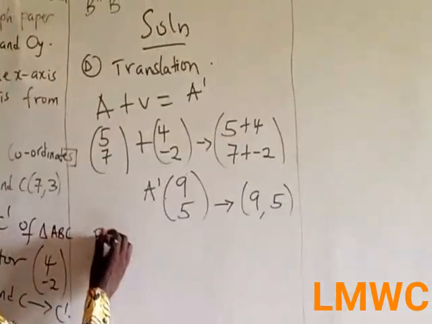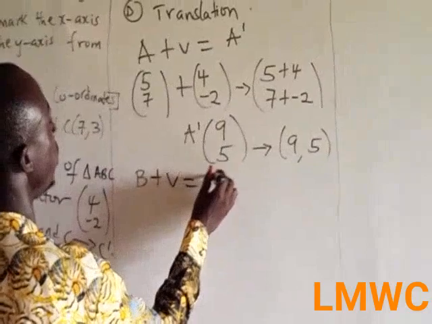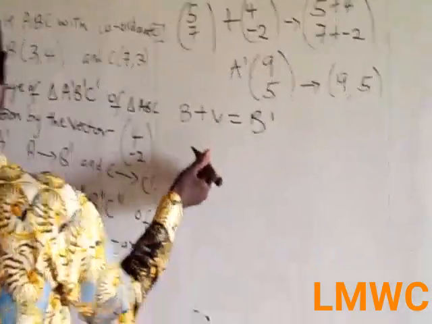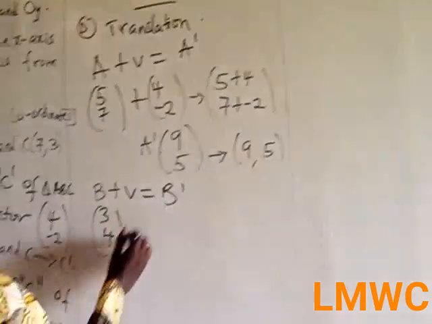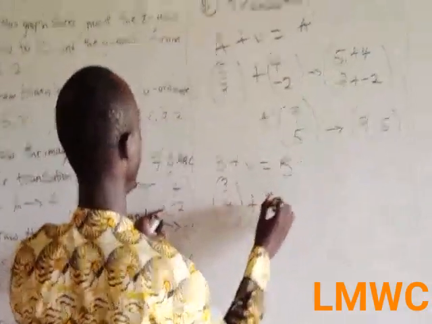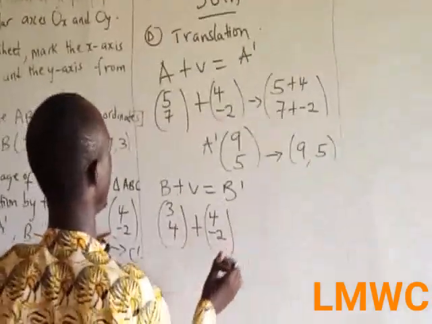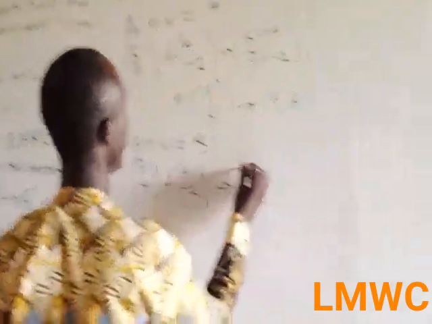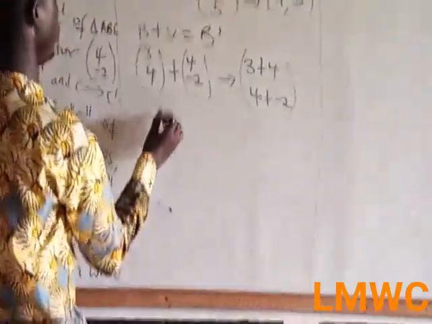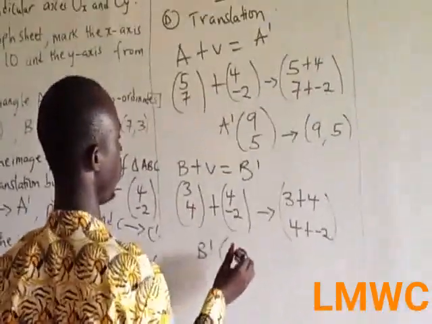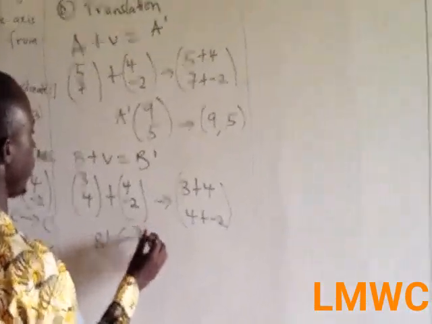So another one becomes B plus V equal to B prime. So what is B? We have B as (3, 4) plus the translation vector (4, -2). So we add, it becomes 3 plus 4, 4 plus negative 2. So B prime, what is 3 plus 4? It's 7. 4 plus negative 2 is 2.